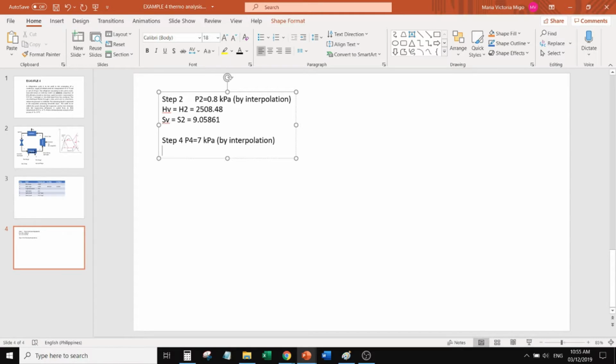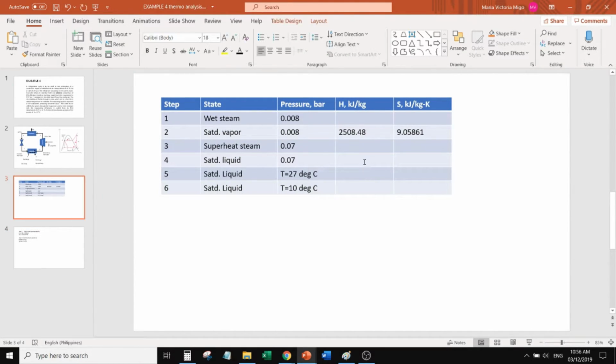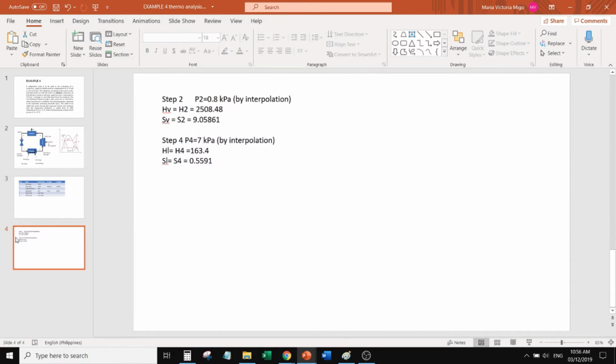This time, HL equal to H4 equal to 160.4. The unit is kilojoules per kilogram for enthalpy, and for entropy, the unit is kilojoules per kilogram Kelvin. SL is 0.5591. Let's update our table. Again, this is from steam table by interpolation.